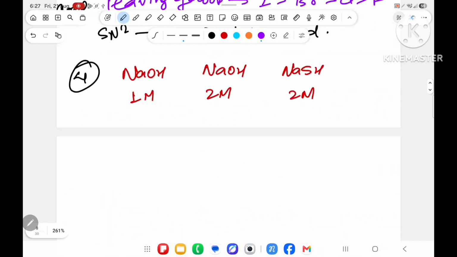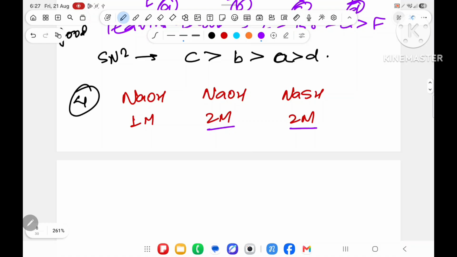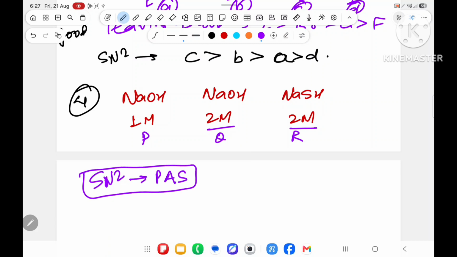So over here, which has high concentration? This and this. Now in these two, suppose this is P, this is Q, this is R. In SN2 we are using polar aprotic solvent. In polar aprotic solvent, as you go down, nucleophilicity increases.